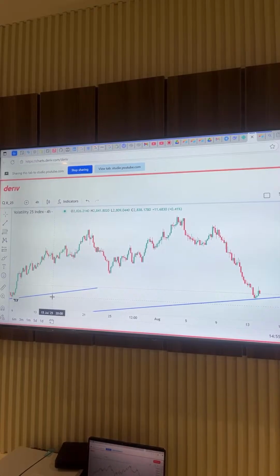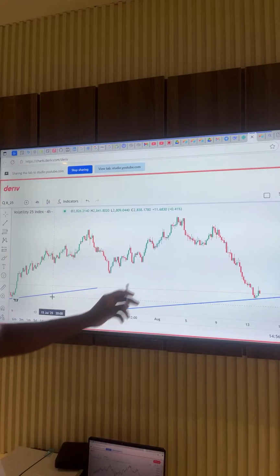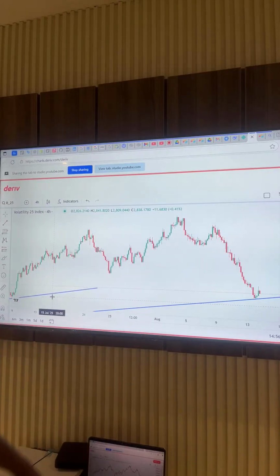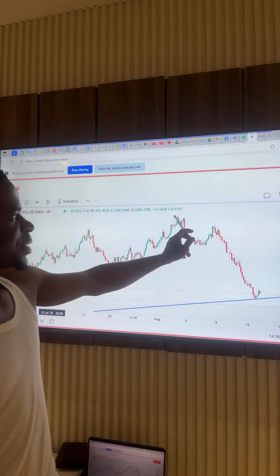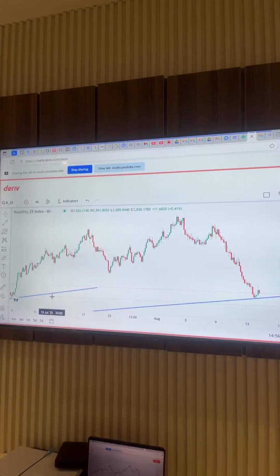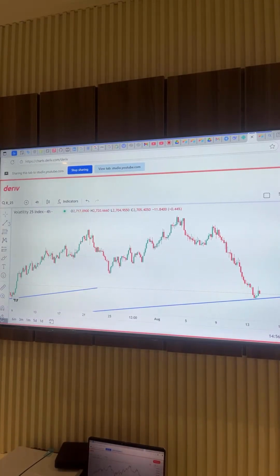On the 4 hours time frame, we can notice that after market came to this point, if you draw your trend line again, because I'm all about technical analysis, which is trend line.